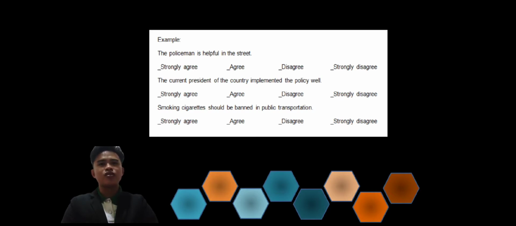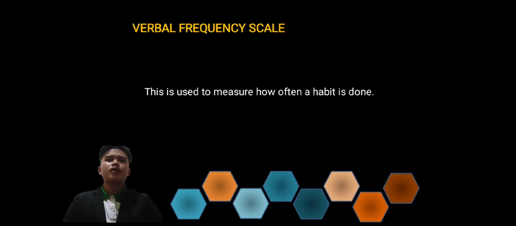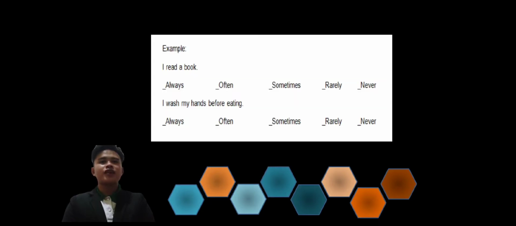So we have here also the current president of the country implemented the policy well. So we have strongly agree, agree, disagree, and strongly disagree. Next is the verbal frequency scale. This is used to measure how often a habit is done. For example, I read a book. So we have here a 5 scale rating.